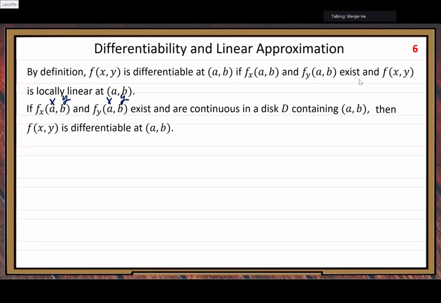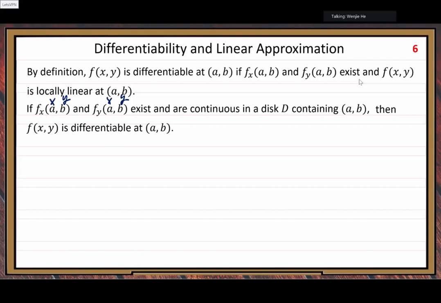To check that these two functions are continuous in the disk D is easy. So we can use this result to help us check local linearity of the original function.